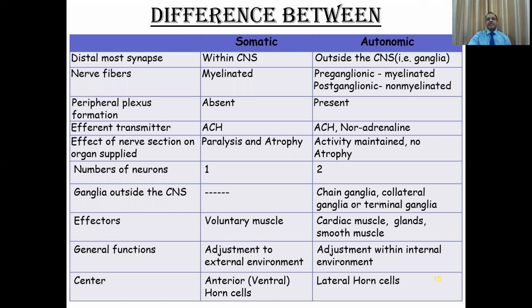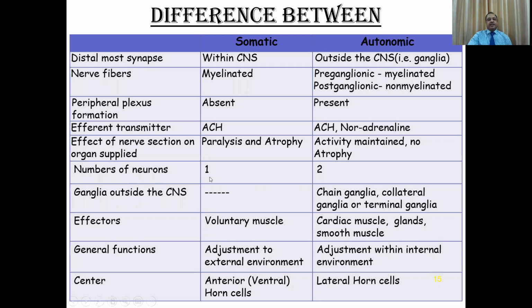But in autonomic nervous system, the synapse occurs in ganglion, which is outside the central nervous system. The postganglionic fibers are non-myelinated, and they always form plexus in the periphery. The neurotransmitter, in addition to acetylcholine, noradrenaline is also an effective neurotransmitter at certain junctions.